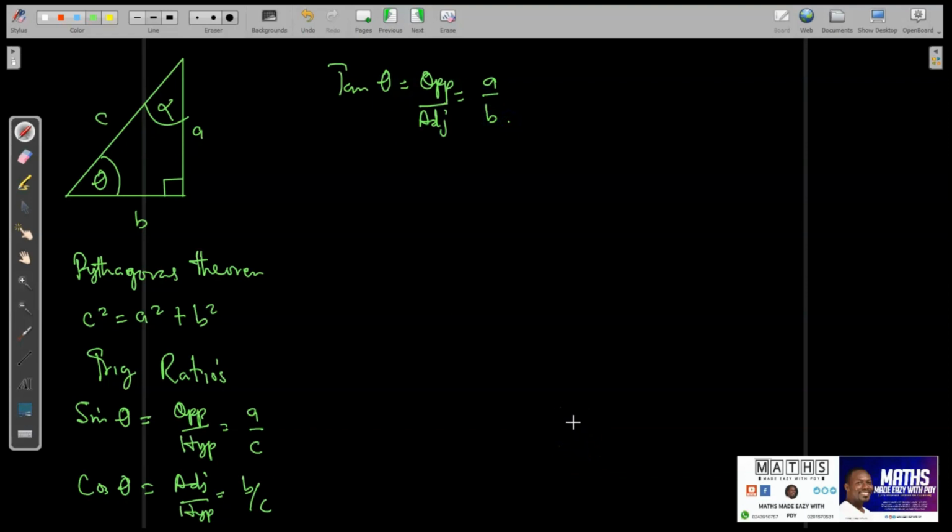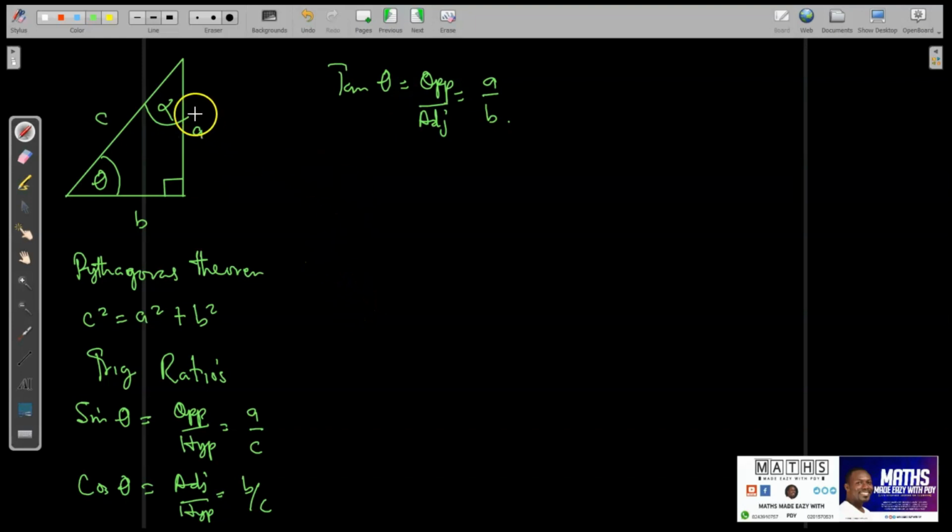Are we okay? Yes. Then if I want to connect alpha and the sides, alpha and B this time around are opposite. Alpha and A are adjacent.